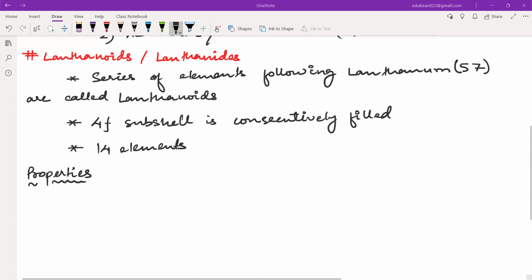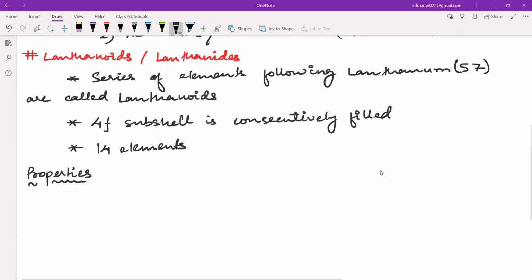But if you look at the table, you start with cerium, 58, and end at 71, perhaps lutetium. So there are 14 elements from 58 to 71, not 57.